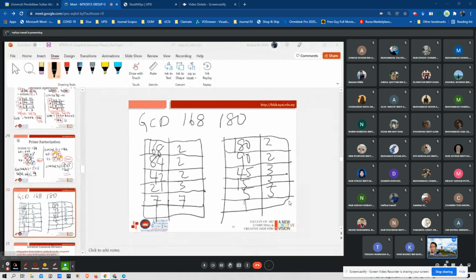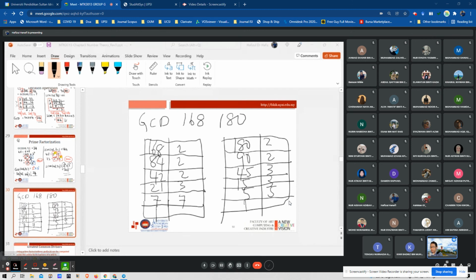By doing the factoring, we arrive at the conclusion that 168 is equal to 2 multiplied by 2 multiplied by 2 multiplied by 3 multiplied by 7, and that 180 is equal to 2 multiplied by 2 multiplied by 3 multiplied by 3 multiplied by 5.